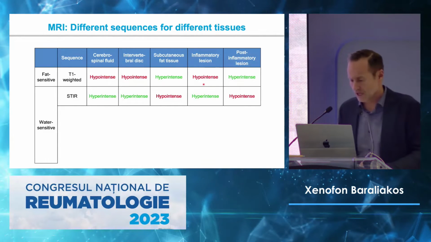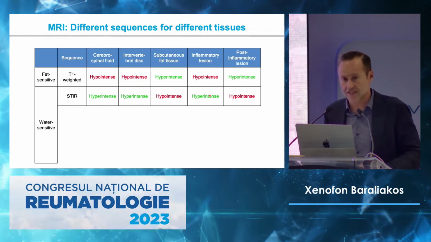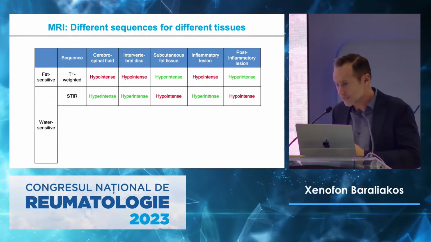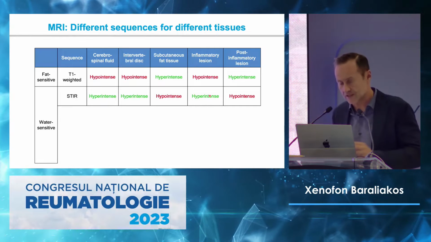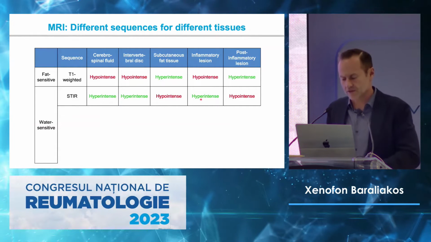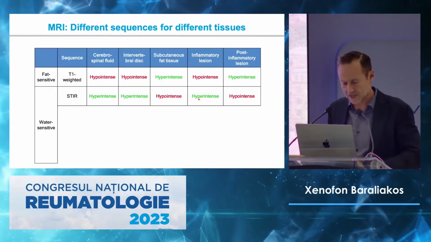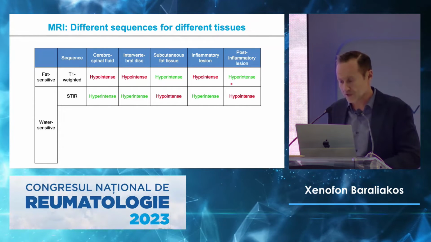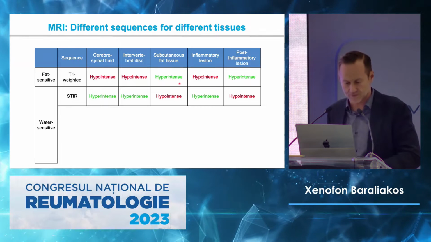So in fact, if you have an inflammatory lesion, it has the same intensity. Now we speak about intensity, not about density. Density is for X-rays, intensity is for MRIs. Here we have the hyperintensity, the same white signal as it is in the fluid. And for the post-inflammatory fat, we have white signal as it is for the fat.